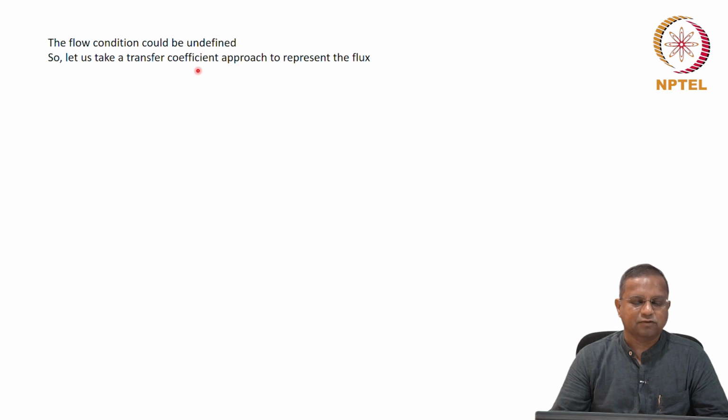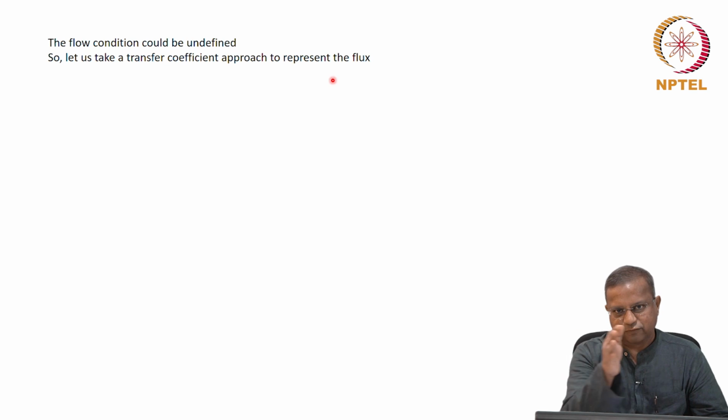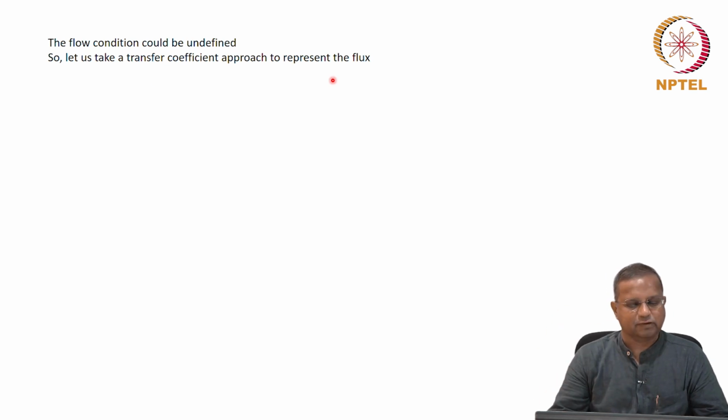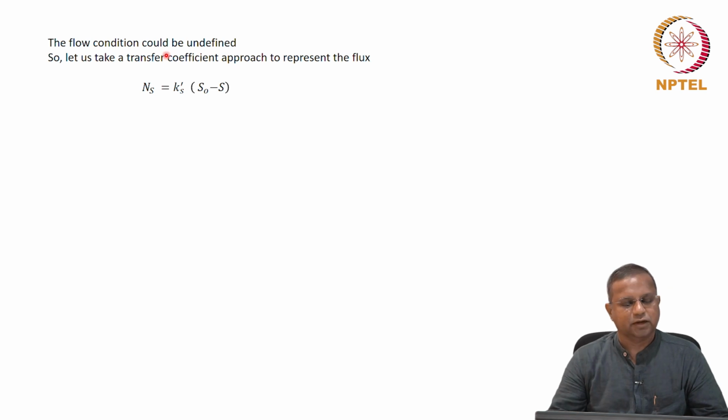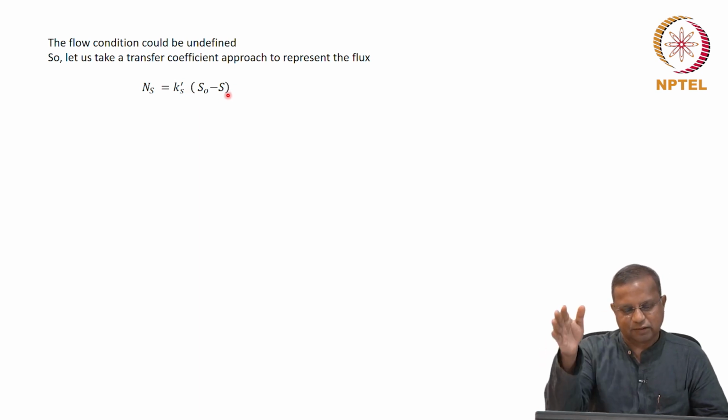However, let us take a transfer coefficient approach to represent the flux of the substrate from the bulk to the surface. So, the flux, which is moles per time per area perpendicular to the direction of motion, is some Ks dash times a difference in substrate concentrations, S0 minus S at the surface.